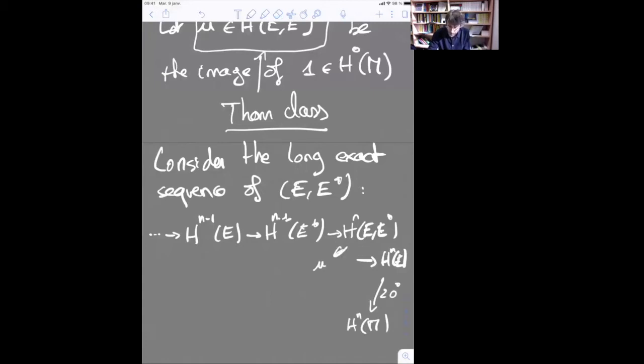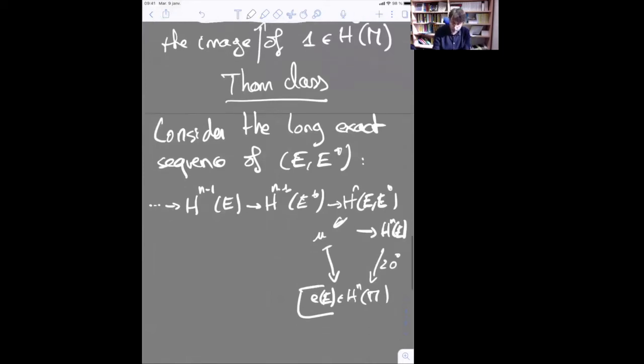Through this map, U is mapped to a class here, which is called the Euler class. So you consider the Thom class, you map it to the cohomology of E, and you pull back by the zero section.